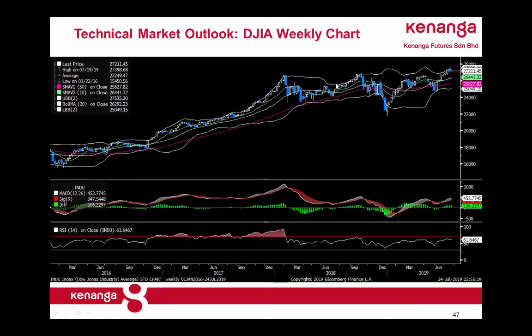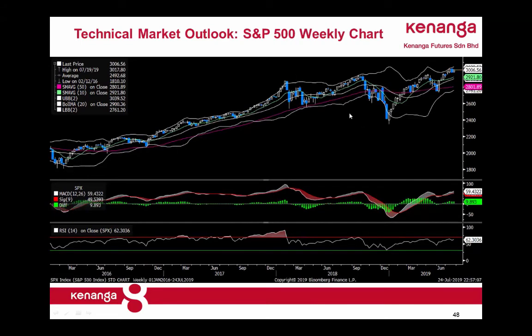It is more or less a negative divergence. So you have to take care. Similar to S&P 500, it is still bullish, but you have to be cautious of the negative divergence, similar to RSI as well.